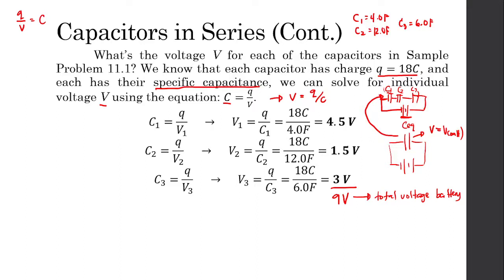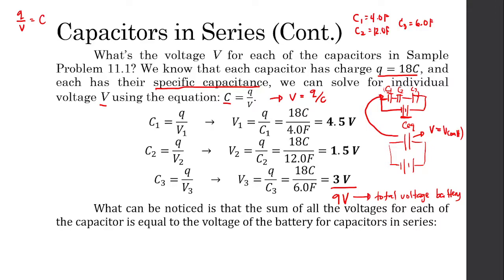Okay, so remember, if you want to solve for the voltage of each individual capacitor in your series, you just have to use this equation right here, and you can check whether the individual voltages are correct by adding all of them. If they add up to the total voltage of your battery, it means that your voltage is correct.